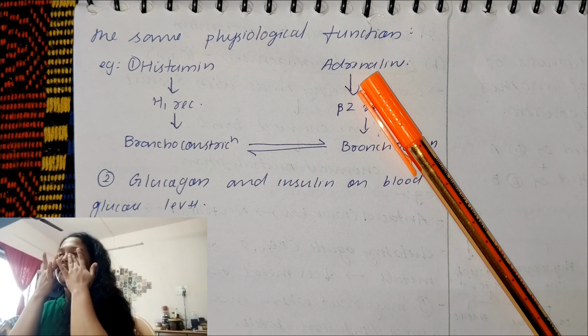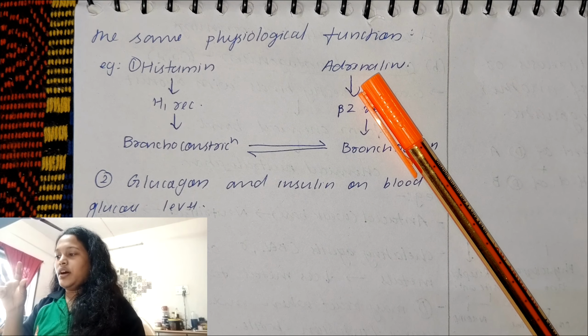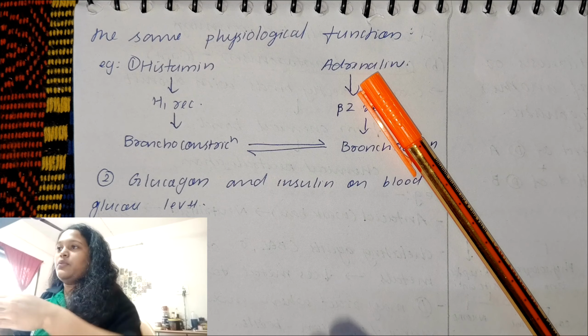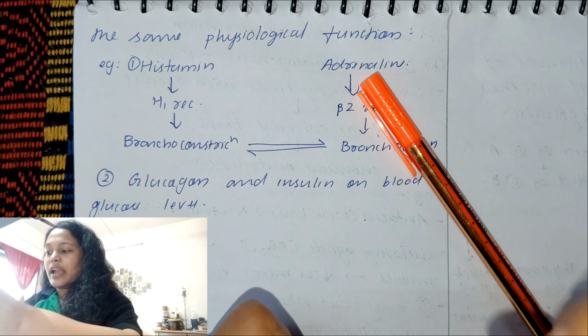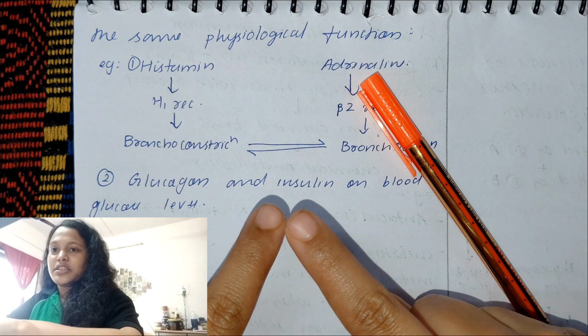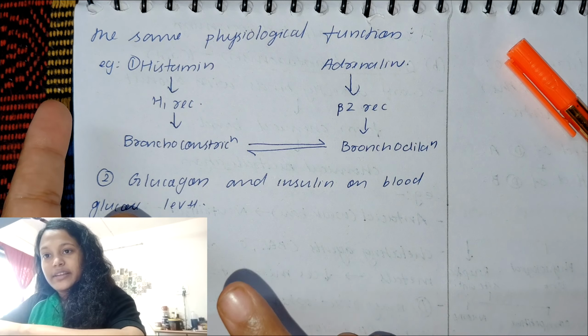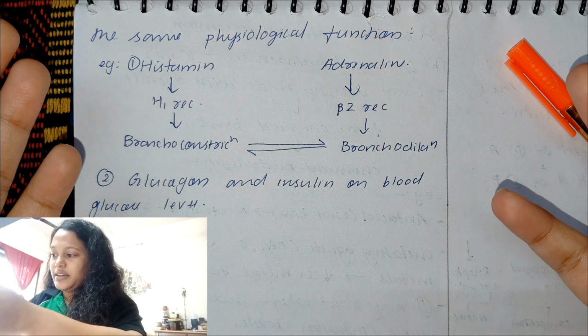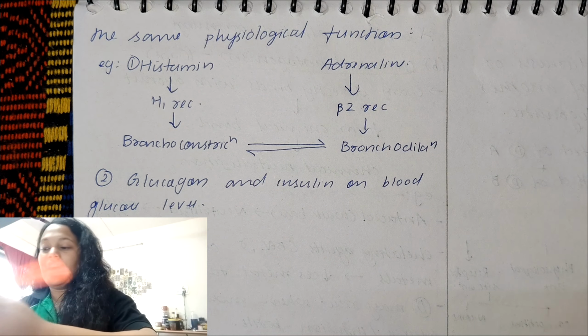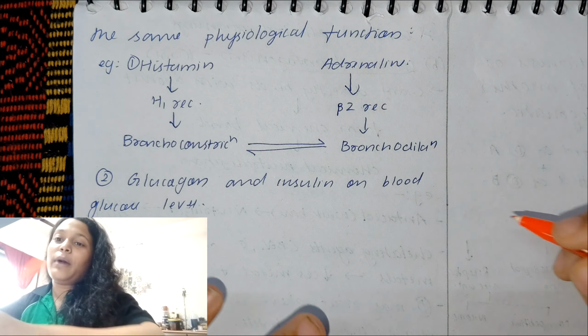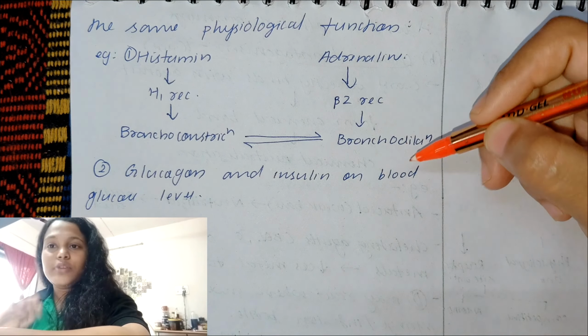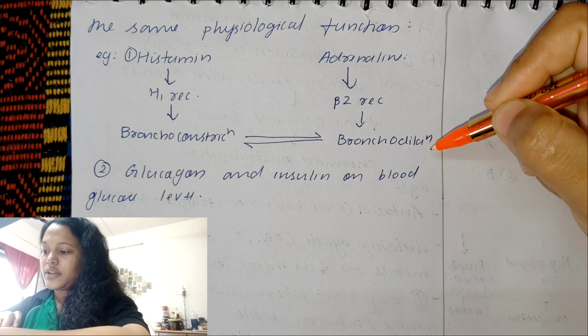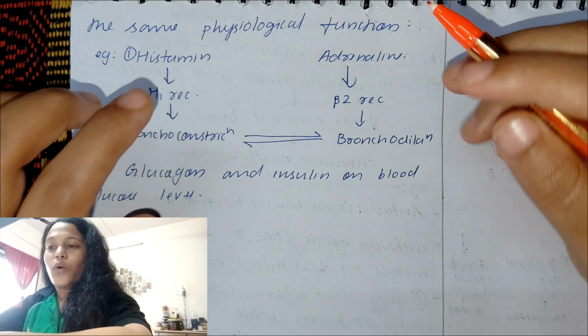I'll explain with an example. Histamine will bind with the H1 receptor, which will lead to bronchoconstriction. Adrenaline is another chemical which will bind with the B2 receptor and cause bronchodilation. So what is happening?